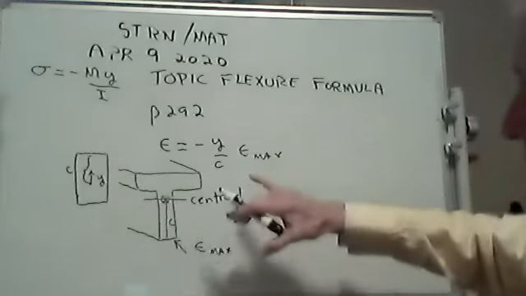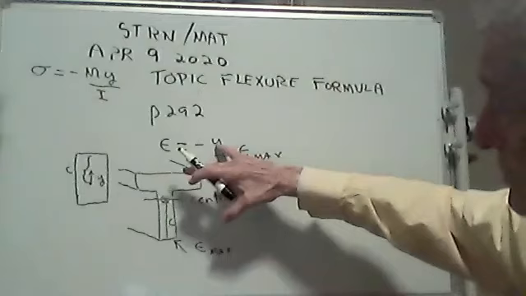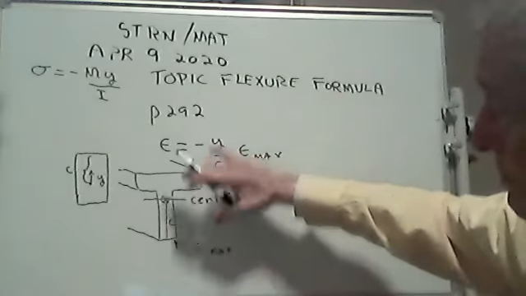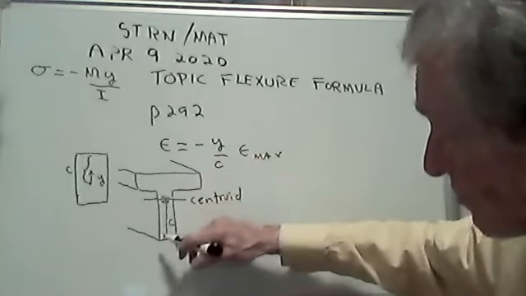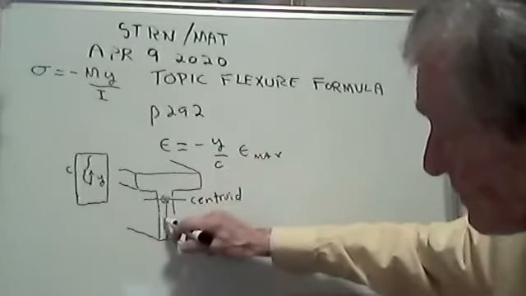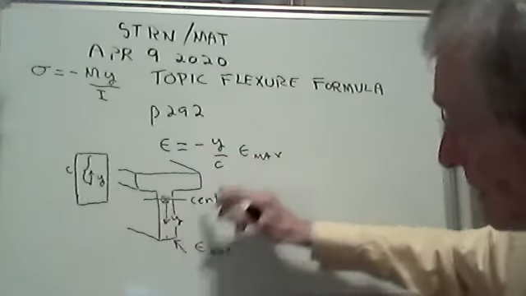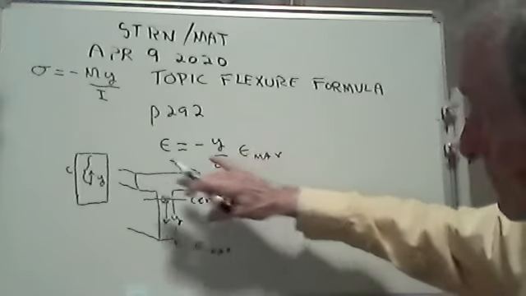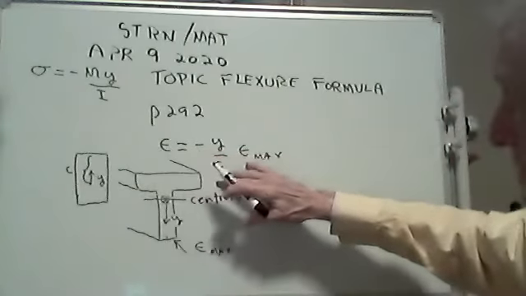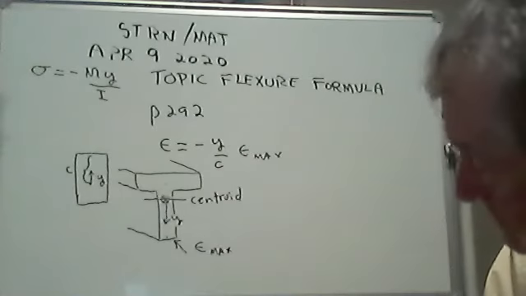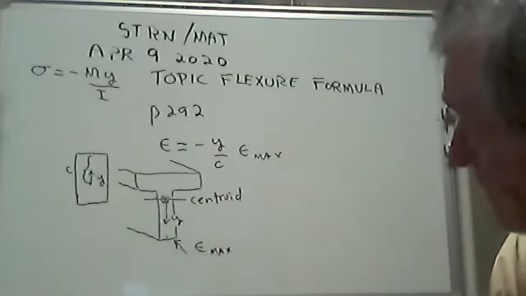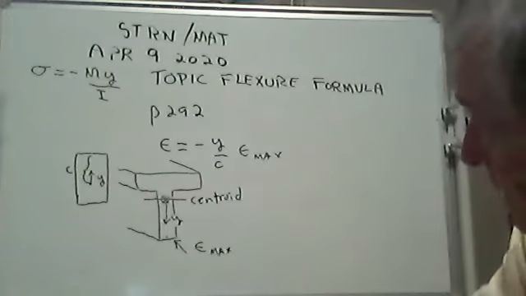Okay, and look at the formula here. If you put C in there for y, remember y is just the distance from the centroid. Whatever distance you want, that's y. And if it's equal to C, then you get minus, now I'm getting confused. Well, you'll just get the absolute value of the strain.